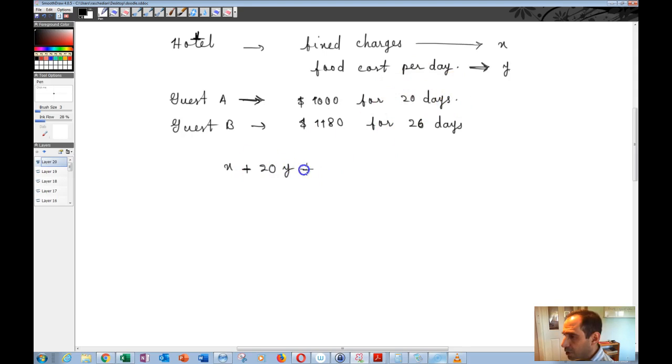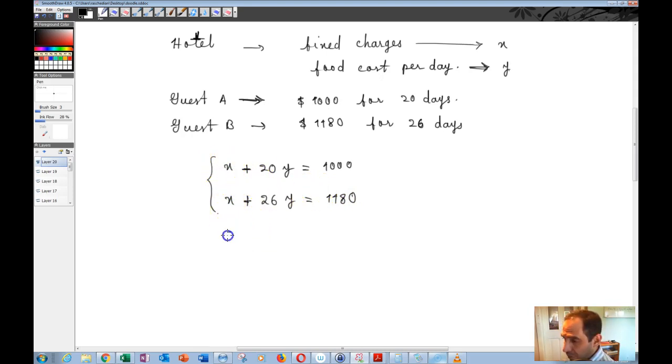So x plus 20y is equal to $1,000. This is for guest A. Guest B has paid the fixed charges x, and he has eaten for 26 days, so x plus 26y is $1,180. So there you have a system of a pair of linear equations.